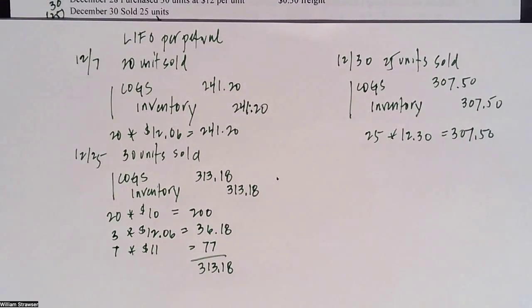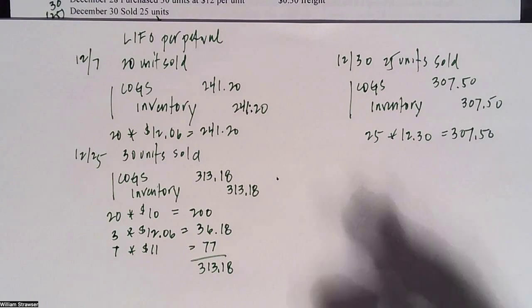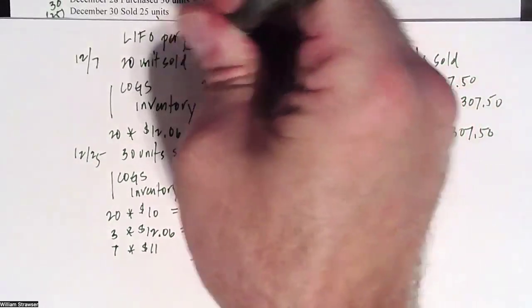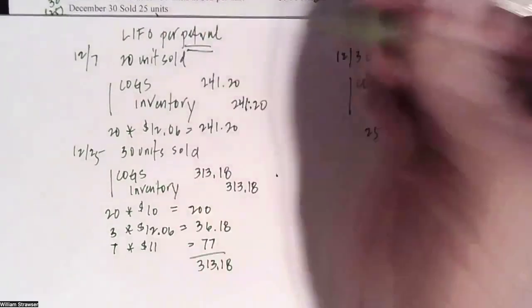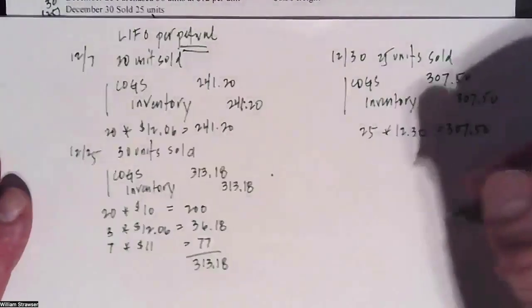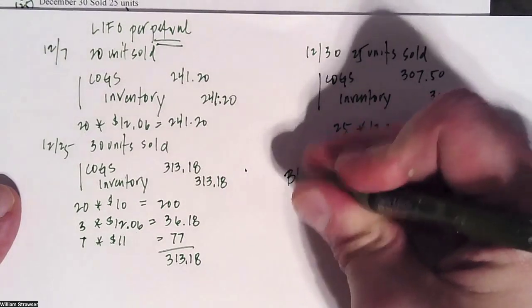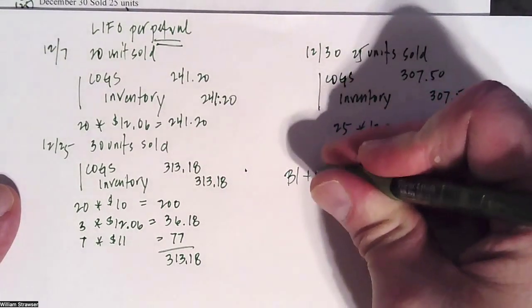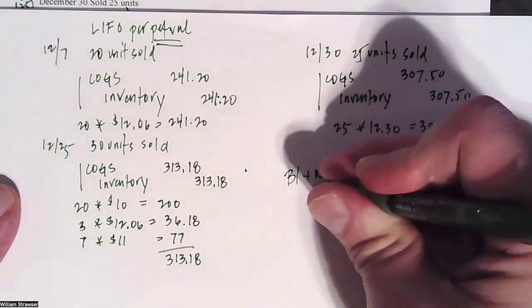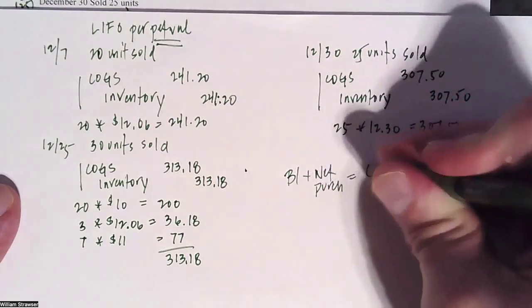Okay. The next, before we talk about how to calculate ending inventory, notice we're under the perpetual method, right? So perpetual method with the inventory equation, that beginning inventory plus net purchases gives me GAFS.